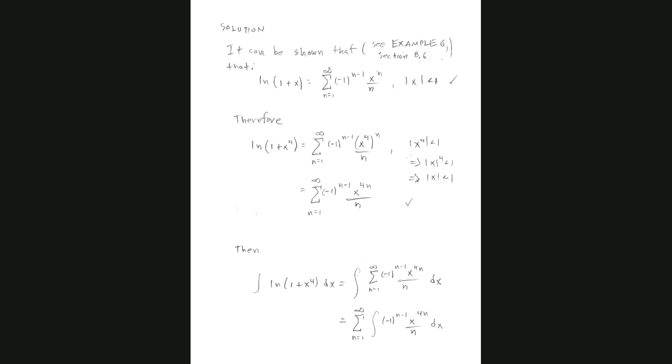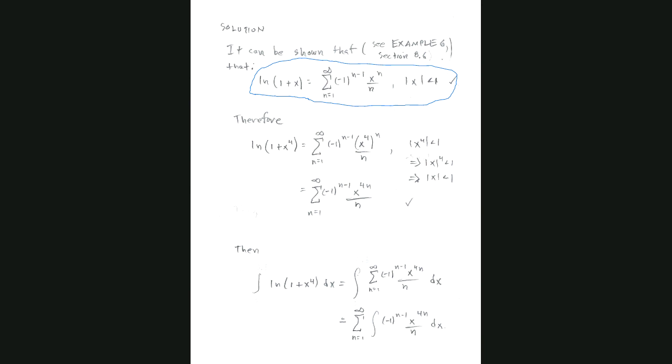It can be shown, and this is example 6, section 8.6, that the log of 1 plus x can be written as the power series starting at n equals 1 going to infinity of negative 1 to the n minus first power times x to the nth power over n. And the interval of convergence would be the absolute value of x less than 1.